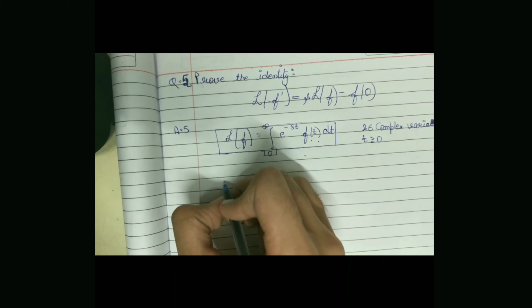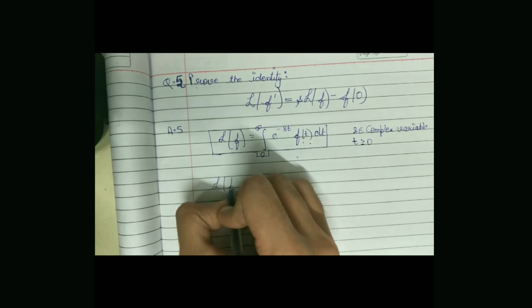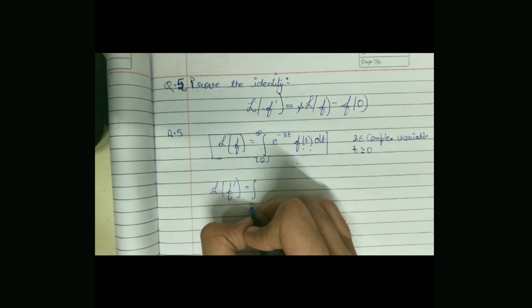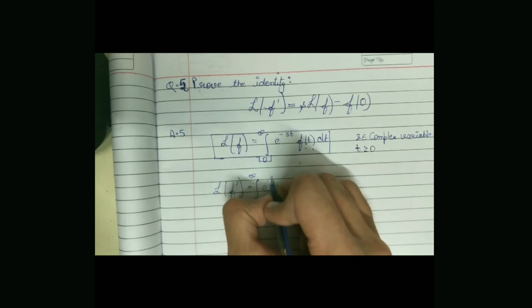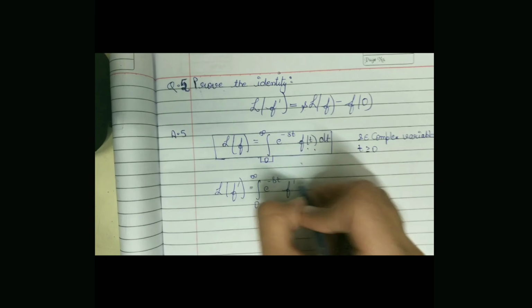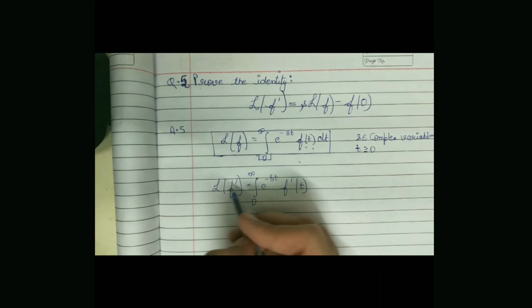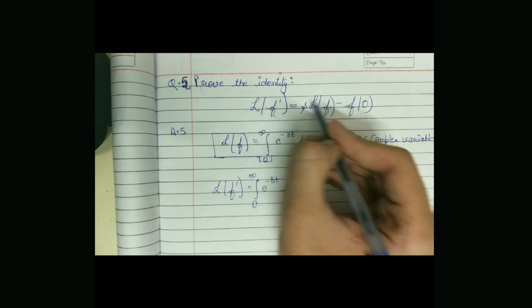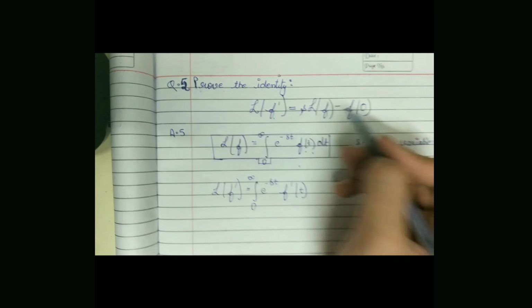Now we need to prove this identity. So the Laplacian of f derivative can be written as the integral from 0 to infinity of e raised to power minus st f derivative t dt. Obviously, for this identity to be true, the Laplacian of f should exist.